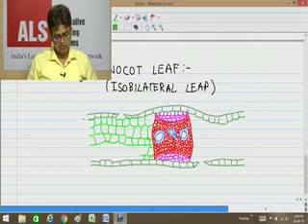Large cells, tightly packed cells. Like this.